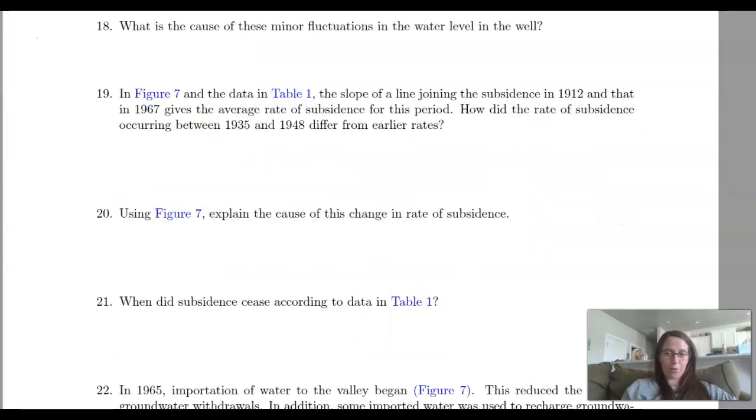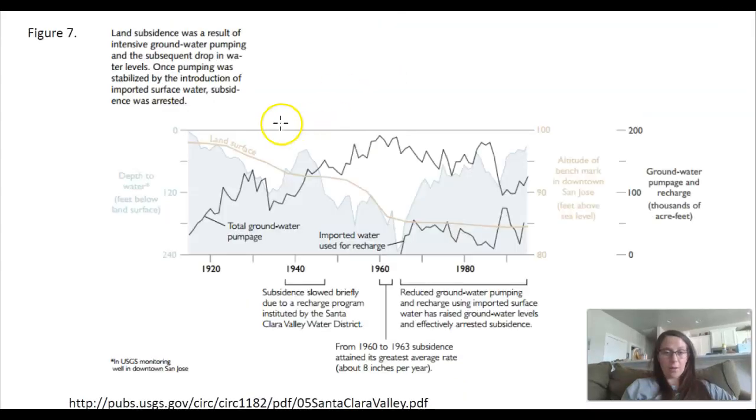Now let's go back to what the question is actually asking. How did the rate of subsidence occurring between 1935 and 1948 differ from the earlier rates? Let's look at the land surface change, because that expresses the rate of subsidence.